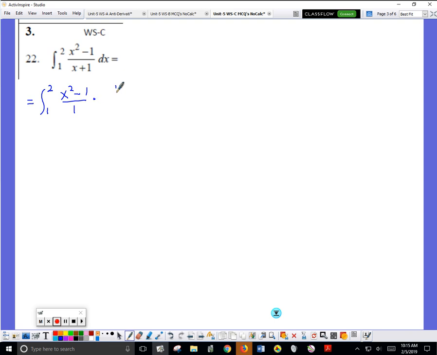The derivative of x squared minus 1 is 2x. That ain't 2x. Question? It has to have the exact same form.